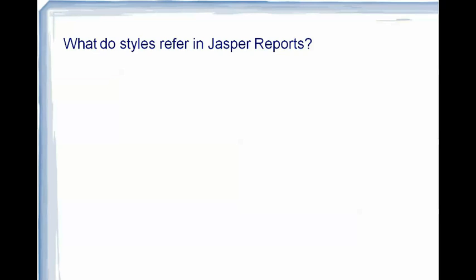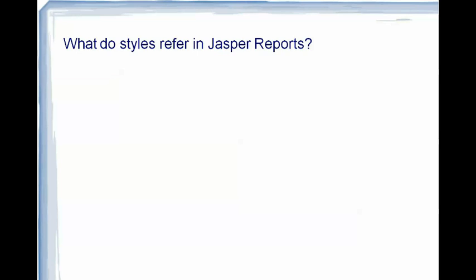Styling refers to the coloring of elements, or deleting it, or changing the outlines. A lot of things could be achieved, like I will be taking you through in the further part of my video.